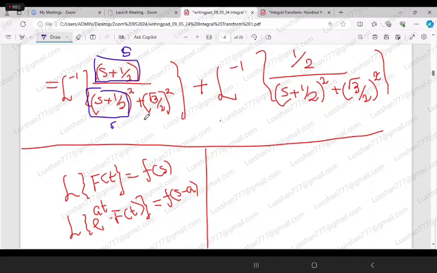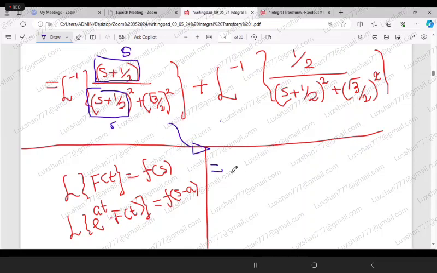So this is in the form of cos of square root of 3 by 2 t, isn't it? But actually we have half also. So you can write this as equal to this one.